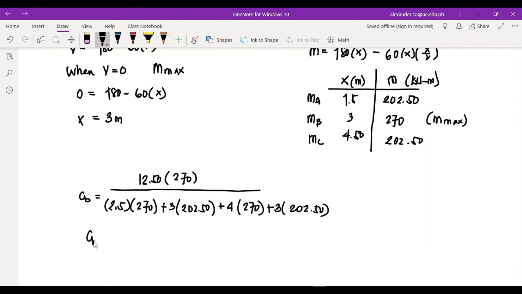So C sub B is approximately 1.14. This is our final answer for C sub B.